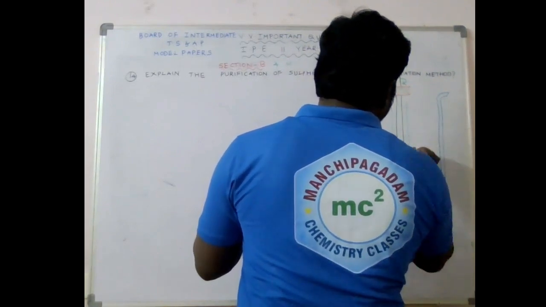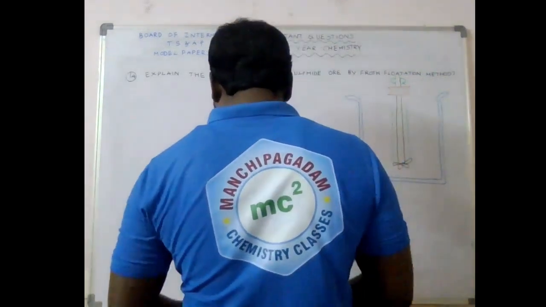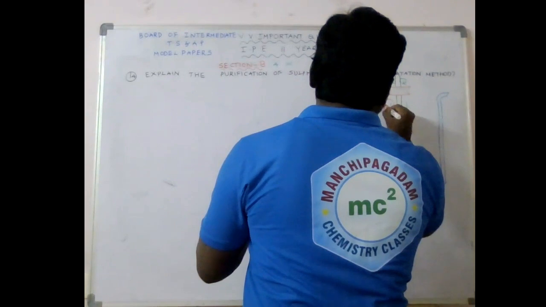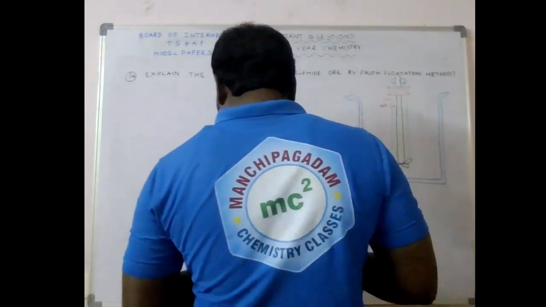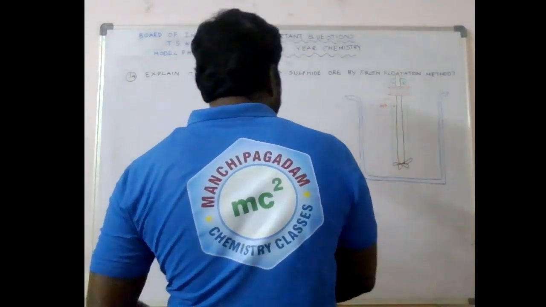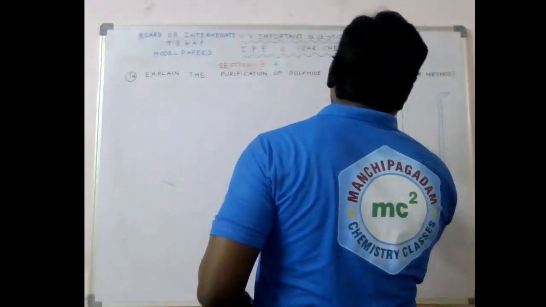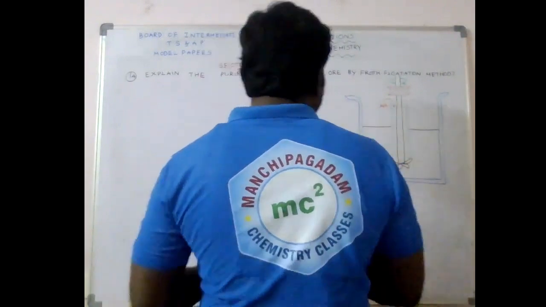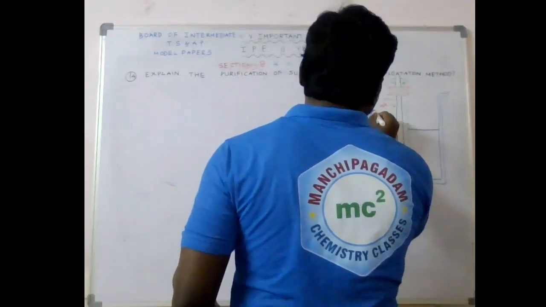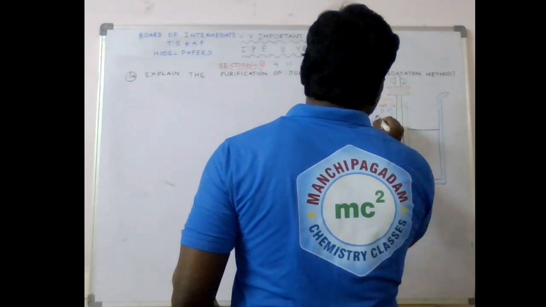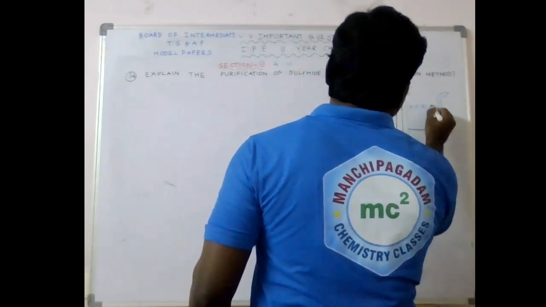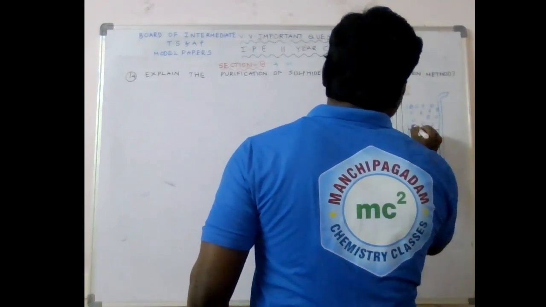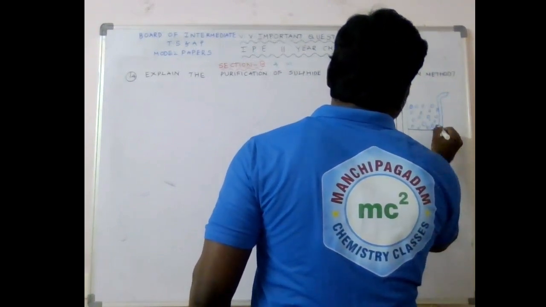In this gap we are blowing air through, air will come. Because of the agitation it can form some froth. Here the froth will come, this total froth. In the froth only we are collecting that sulfide ore. How we are getting that, I will explain. Okay, this is the froth.